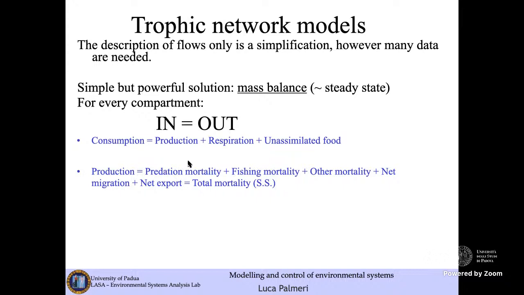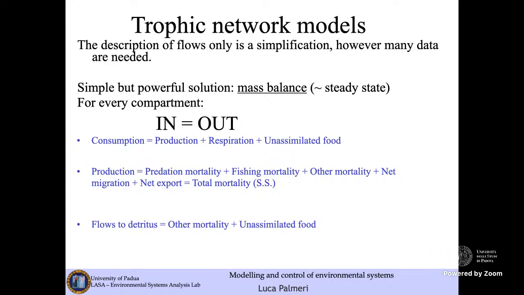The balance, in equal to out, forces us to assume that production should be equal to the totality of what goes out. I mean, we may see predation or fishing or other mortality or migration or exports, which all flow out of the system.